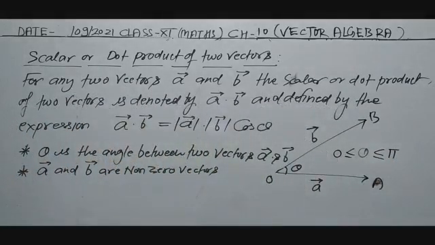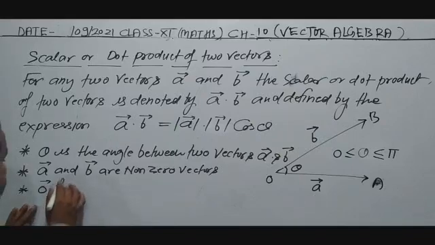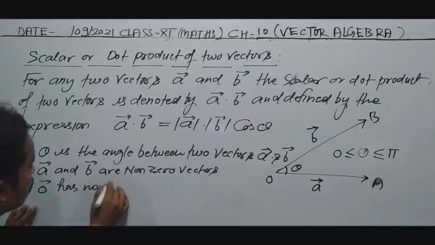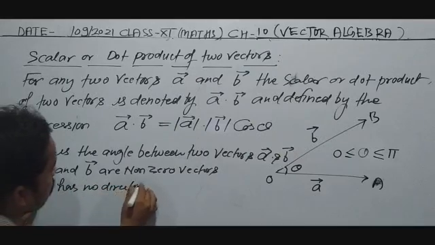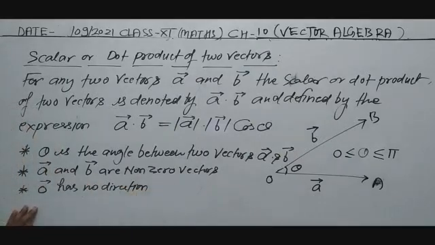Now come to the third point: the zero vector. You know, the zero vector is directionless, meaning the zero vector has no direction.